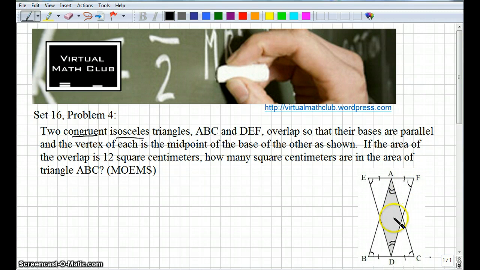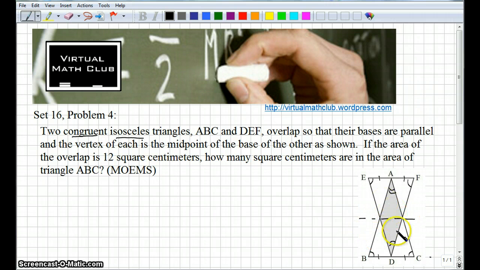Alright, so what else are we given? If the area of the overlap is 12 square centimeters, how many square centimeters are in the area of triangle ABC? So we're given that this shaded area is 12. And if you look at it, I could divide this figure in 2, right?